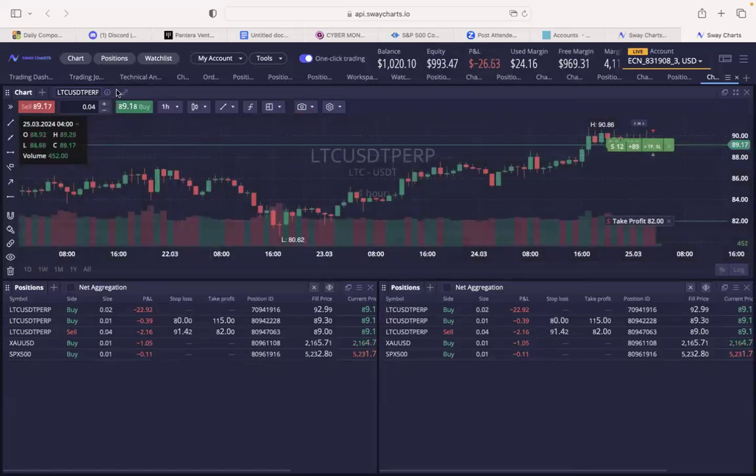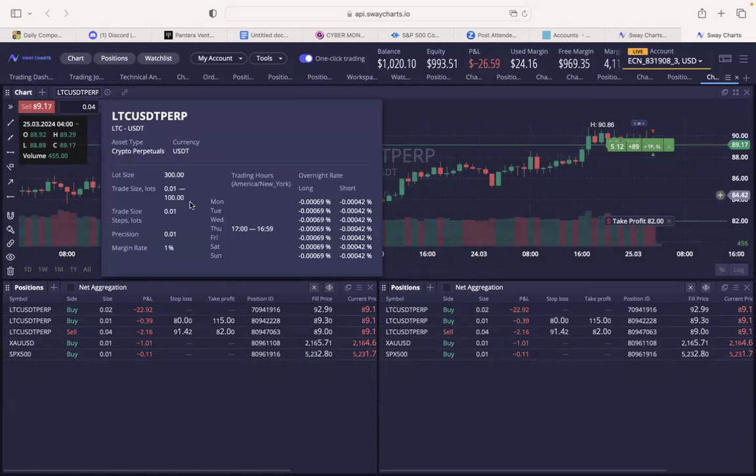So if you come here, it will show you your margin rate is 1%. Trade size is 0.01. It shows you the lot size is 300.